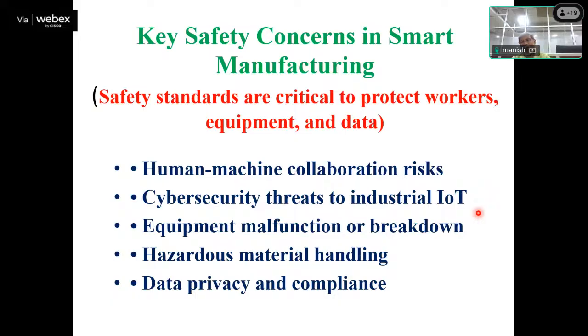If there is any accidental malfunctioning or breakdown of equipment, how will that digital technology respond to that kind of thing? How can I really make a partition between the digital technology and the basic conventional physical equipment malfunctioning? So that is another important thing, that just like we have in an electrical system, something like a circuit breaker has to be there.